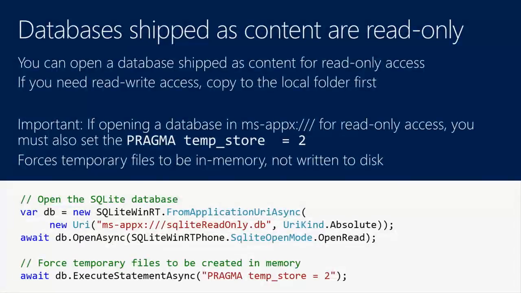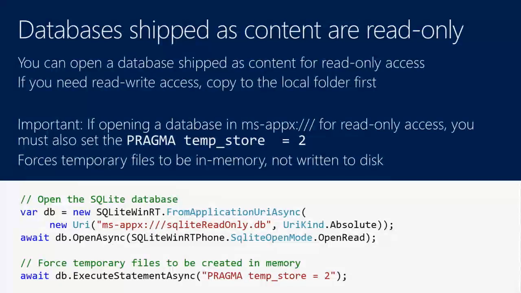Now, there's quite a nasty little gotcha here, in that when you're using the Windows Phone 8 development tools, and you work with stuff that's in the install folder, there's kind of a bug in that it will actually allow you to create new readable, writable resources. It will create files in the install folder. It shouldn't do, but it does. It's an error, and no doubt will get fixed in the next release. And this, of course, applies to hidden files you didn't even know you were creating, like temporary files that get created by the SQLite database engine.